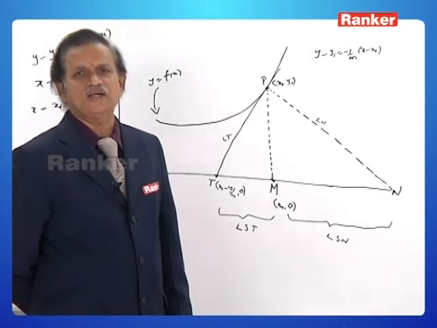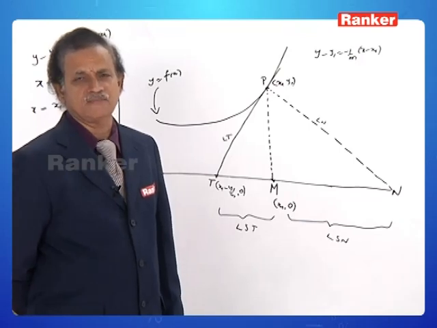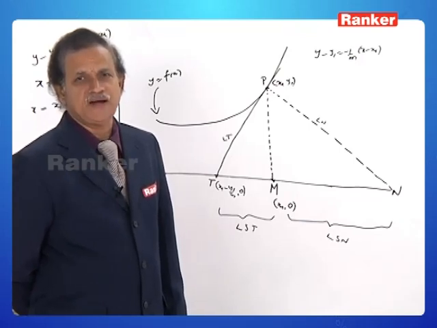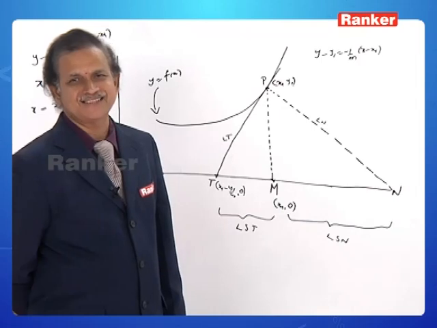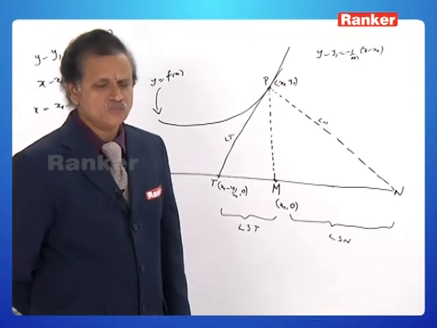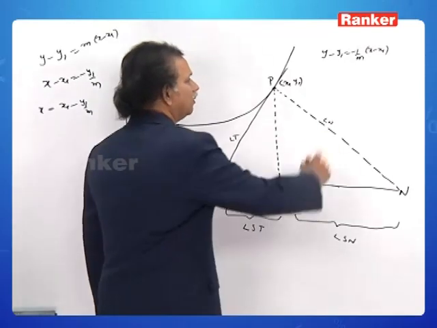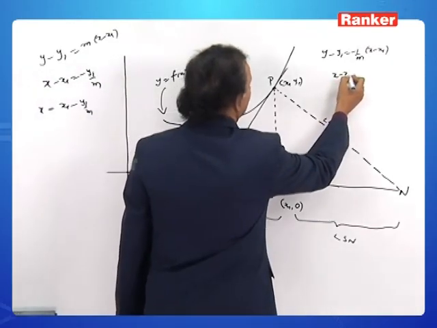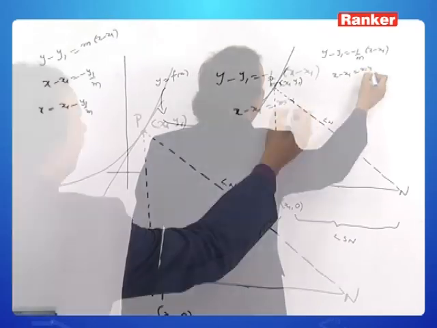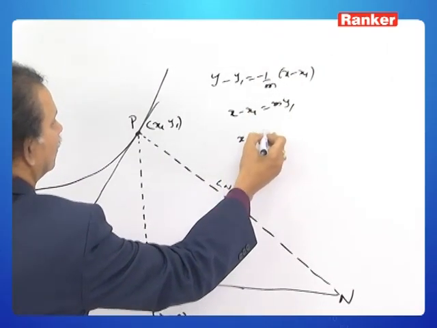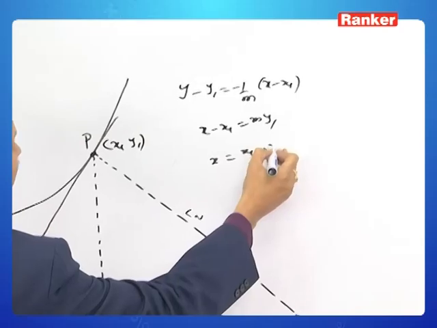You just take y is equal to 0. That is, you find the point where the normal meets x-axis, and on x-axis, y is equal to 0, isn't it? What happens? x minus x1 is equal to m y1, or x is equal to x1 plus m y1.